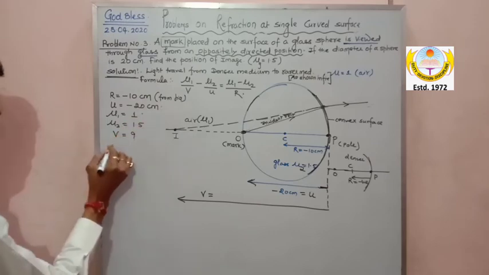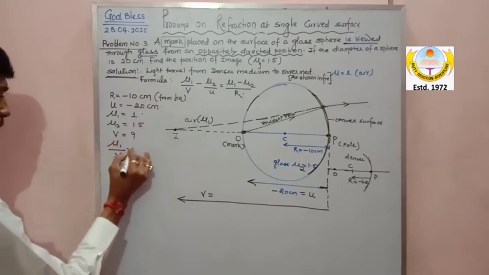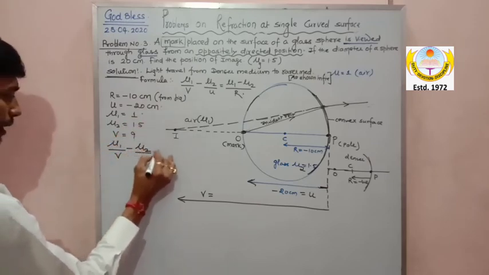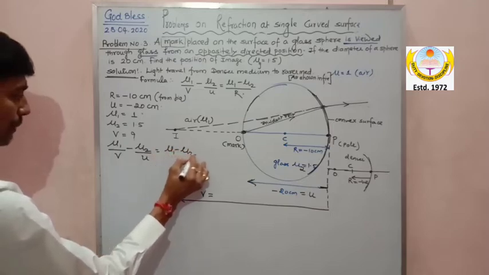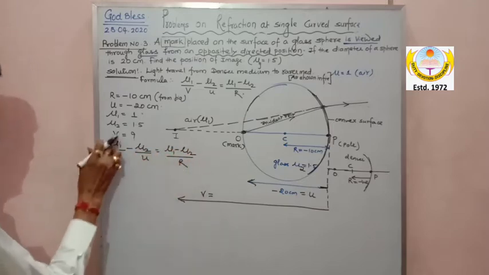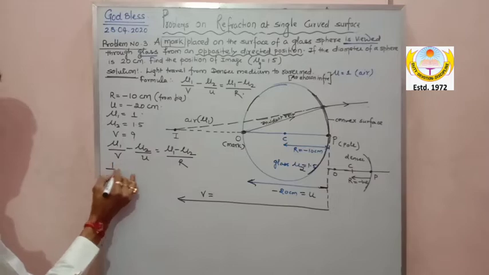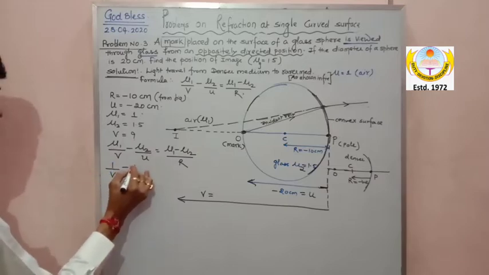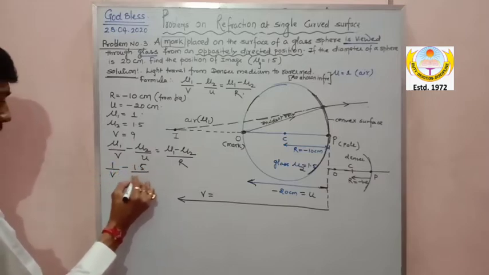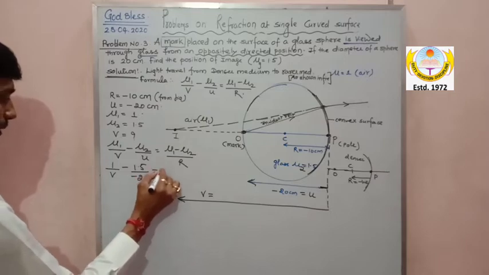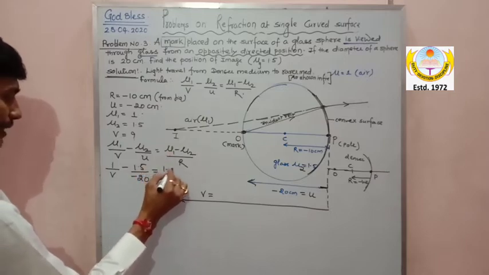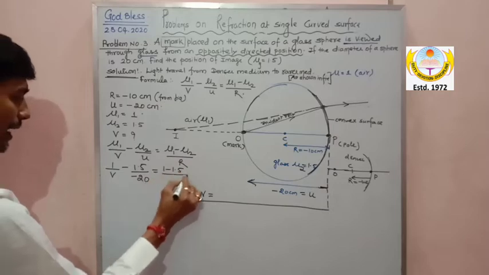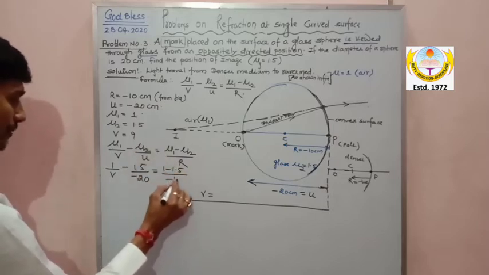I have written the formula: mu1 by v minus mu2 by u is equal to (mu1 minus mu2) divided by r. So here, mu1 is 1. This is 1 by v minus 1.5 divided by u, that is minus 20, is equal to 1 minus 1.5 divided by r, minus 10.